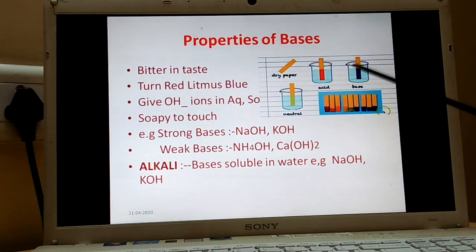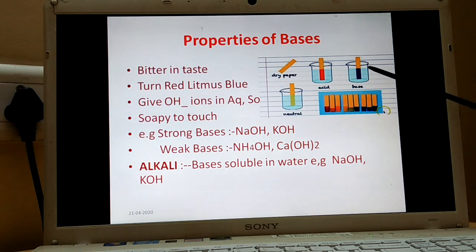Now here in this figure I have shown that we can test acid, base and neutral solutions by using pH paper. pH paper is a yellow colored strip. It is a dry paper. When we add this dry strip to a beaker containing an acid solution, it will always turn red. While if pH paper is added to a base, it becomes purple in color.